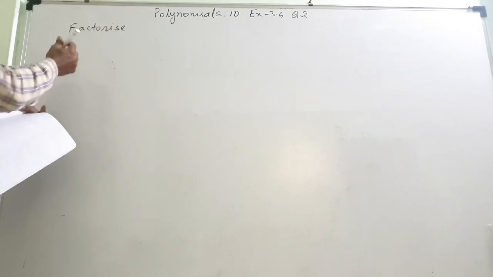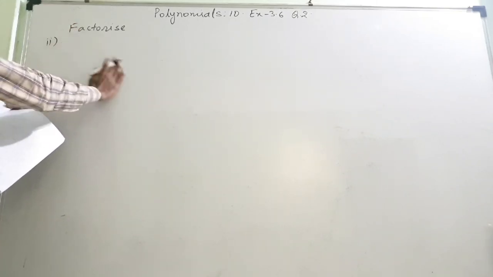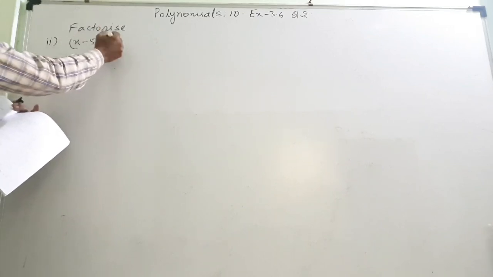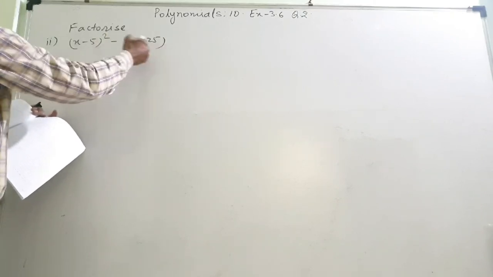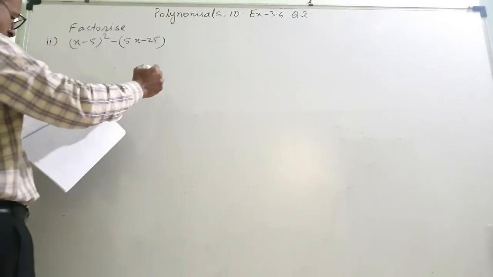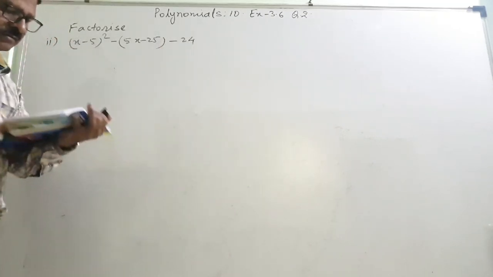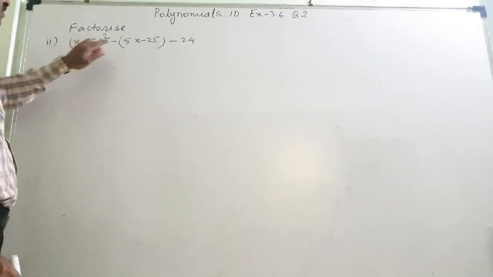Then the second one. Second is (x minus 5) whole square minus 5(x minus 5) minus 24. Yes, this is also x minus 5. Why?